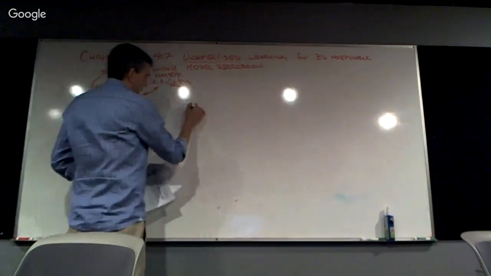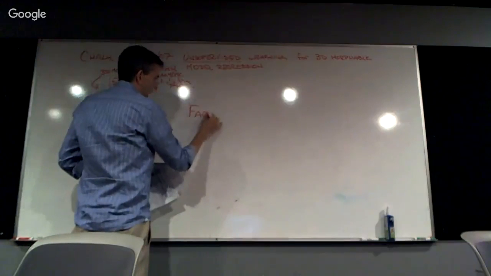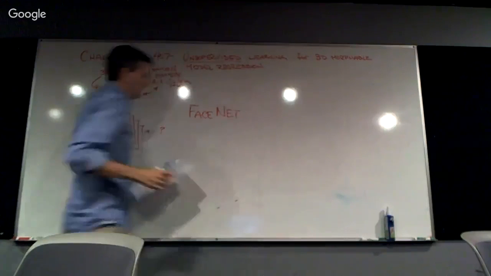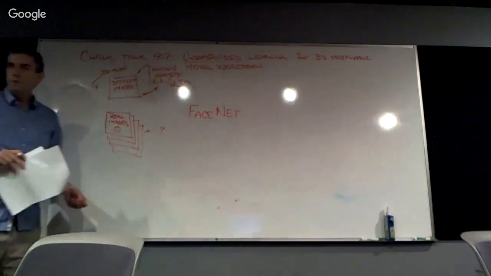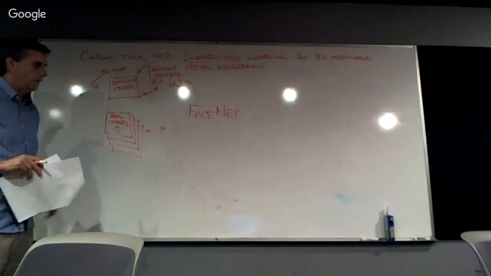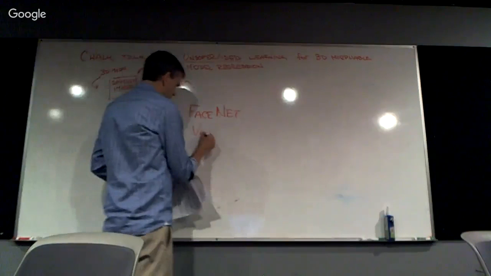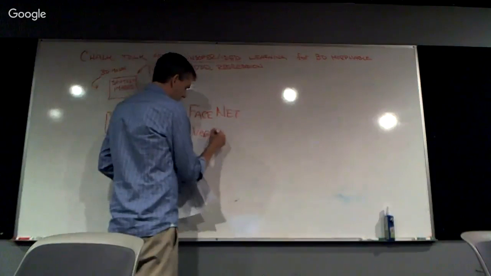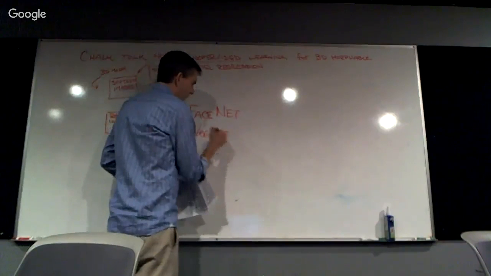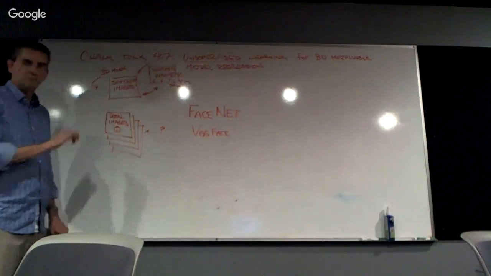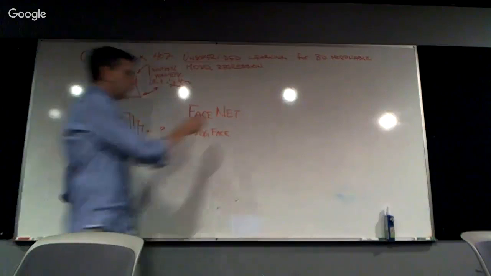There is out there a thing called FaceNet. FaceNet was created by Google, and there are other ones out there. There's VGG Face, and other things like this. But FaceNet can look at an image of your face, it doesn't matter, and it tells you that this is a picture of Doug.